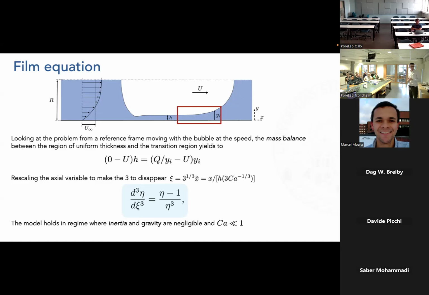It's nice because this is a similarity equation of the first kind. There is no additional parameter. And if we are able to solve this equation, this is the main result that Bretherton obtained in '61, you get the bubble profile in all the central part of the bubble.